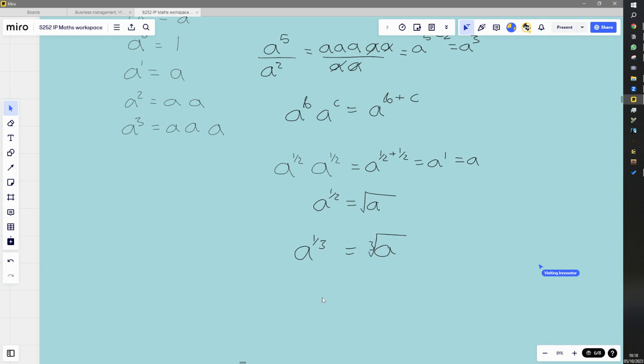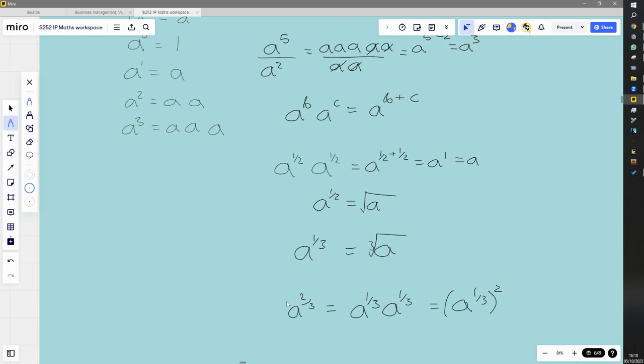Okay, so what about something a little bit more complicated, like a to the power of 2/3? Well, a to the power of 2/3 would be equal to a to the power of a third multiplied by a to the power of a third, because 1/3 plus 1/3 equals 2/3, and we can see from this that that is simply a to the power of a third, all squared.